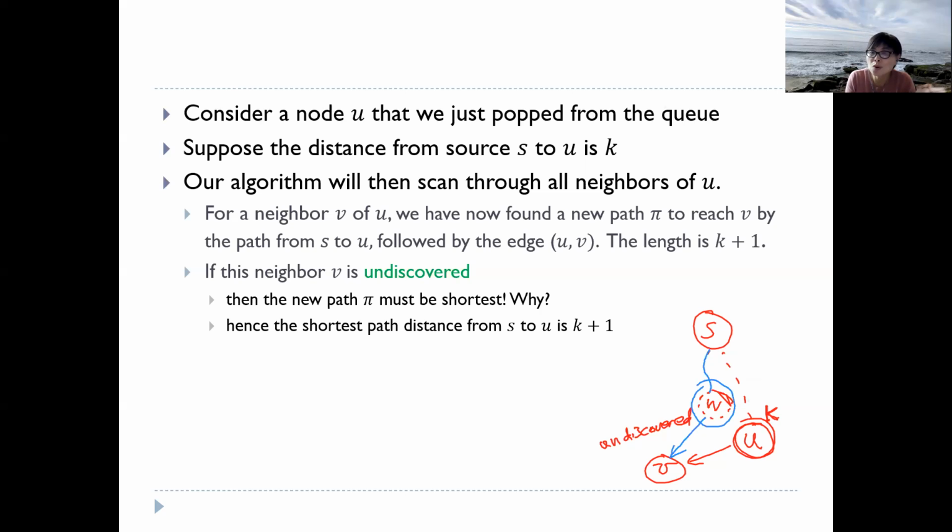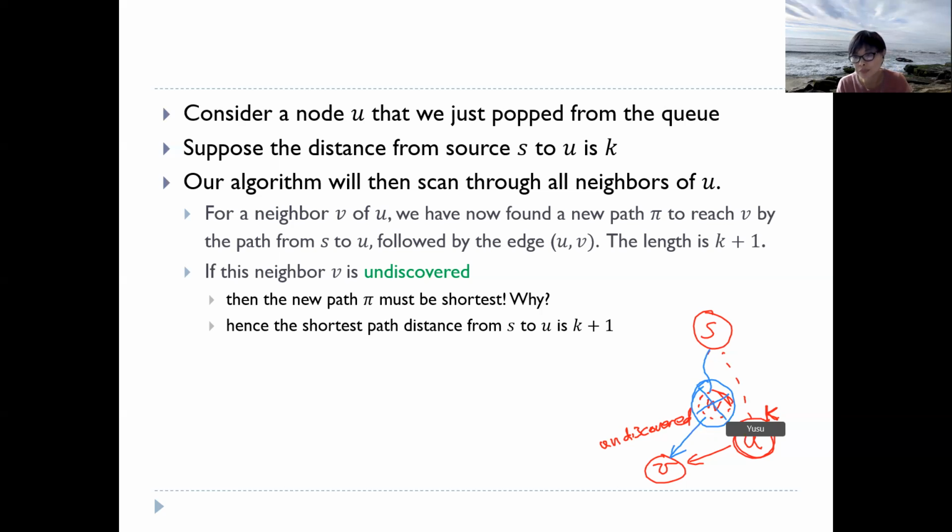But because we always process the oldest pending node first, that means we should have already processed W. And when we were exploring W, we should have already discovered V. So V wouldn't be left undiscovered. Since this is the first time we discover V, that means W cannot exist.